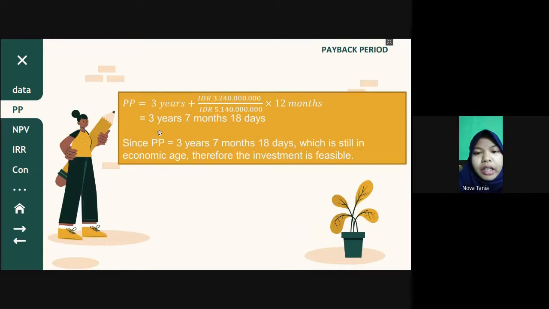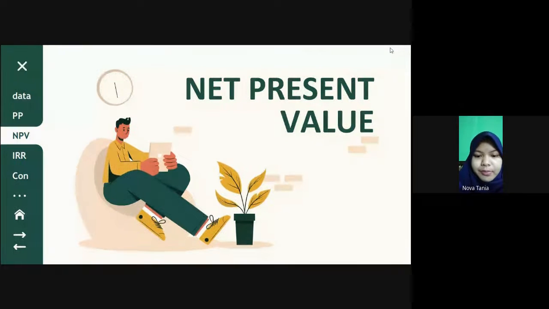So after that we have the result for PP is equal to 3 years, 7 months, and 18 days. Since the PP is equal to 3 years, 7 months, and 18 days, which is still within the economic age, therefore the investment is feasible. Okay, next will be explained by Kamila.